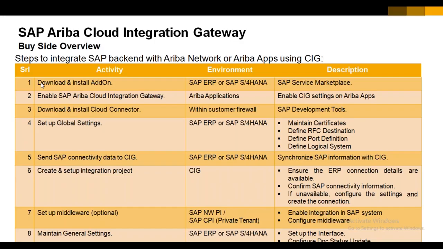You can find the Cloud Integration Gateway Cookbook on Ariba Connect. It is available for free. Whatever credential you have, you can go there and download the CIG cookbook. In the CIG cookbook it is clearly given which add-ons we have to download and install. And not only this information; whatever different configuration you have to do is also available.